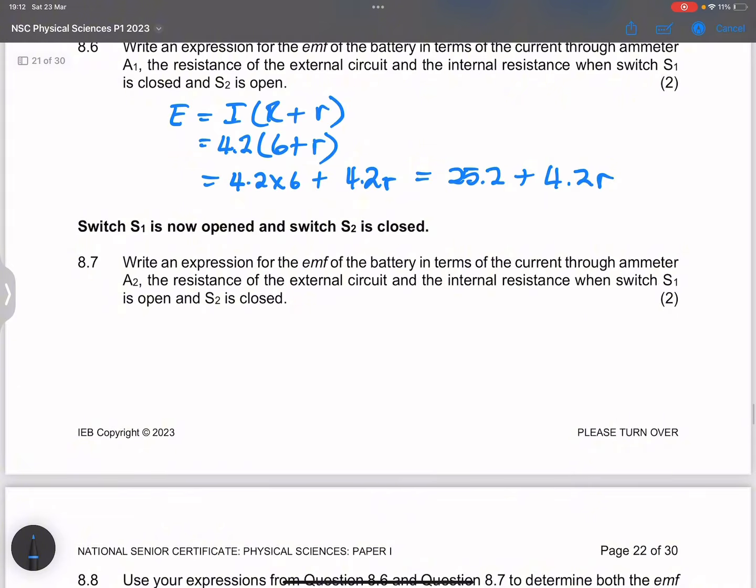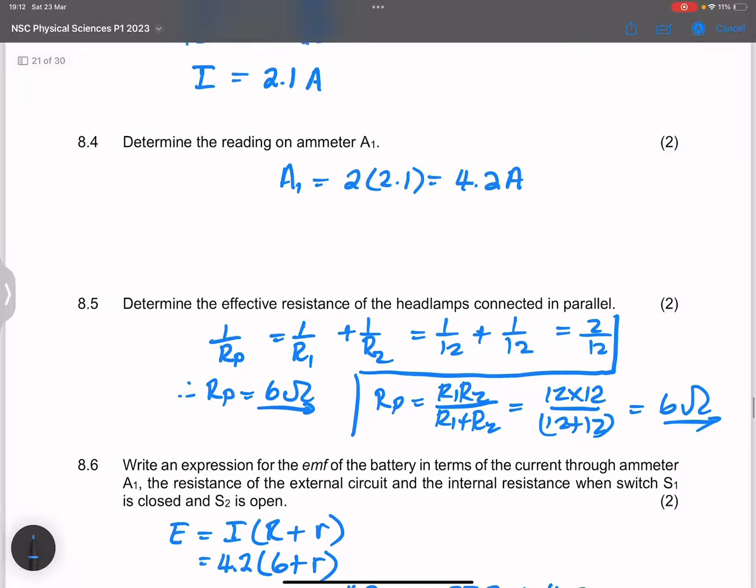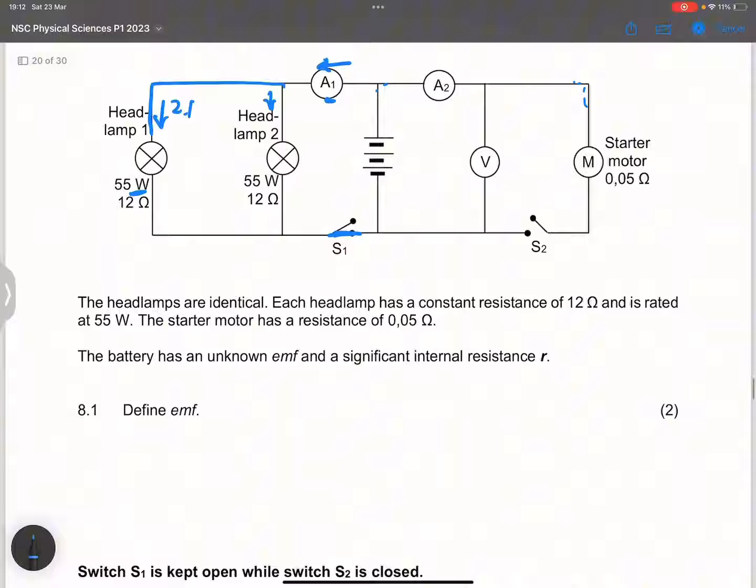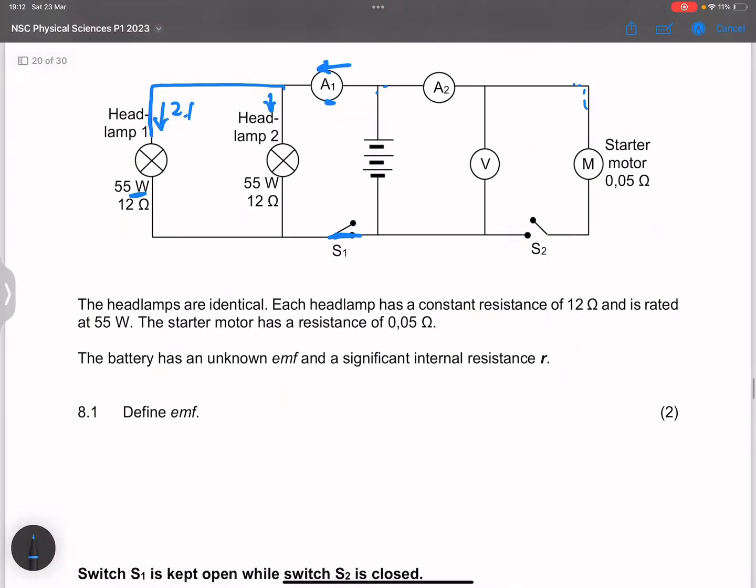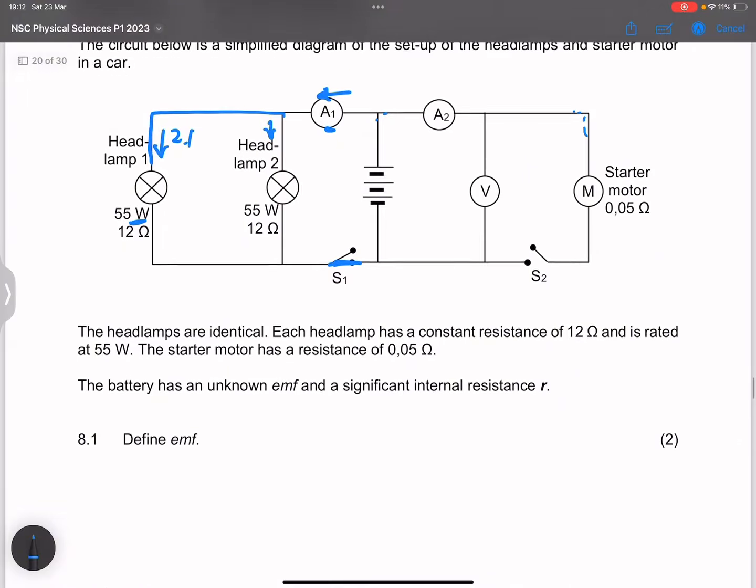Now they say write an expression for the EMF of the battery in terms of the current through ammeter A2, the resistance of the external circuit and the internal resistance when switch S1 is open and S2 is closed. S1 open and S2 closed. Now remember A2, we had 10 amperes passing through here, right?